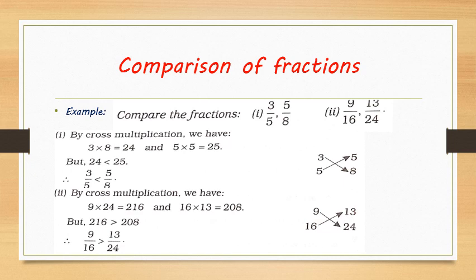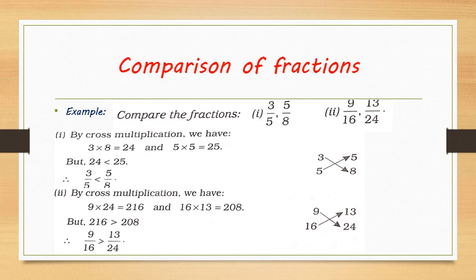That is the important thing. Don't move the numerators, only move denominators. For example, 3 is multiplied with 8, which gives you 24, and 5 multiplied with 5 gives 25. Now we have to compare both the products. Since 24 is smaller than 25, obviously 3 by 5 is smaller than 5 by 8.